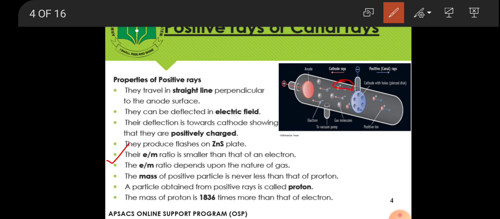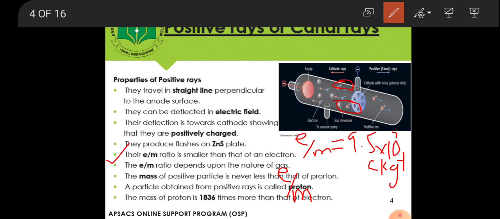Basically, these positive rays are the protons, and when we calculated the charge to mass ratio of the proton, the answer was 9.5 × 10^7 coulombs per kg. And we have calculated the charge to mass ratio of an electron, and the answer was 1.7588 × 10^11 coulombs per kg.